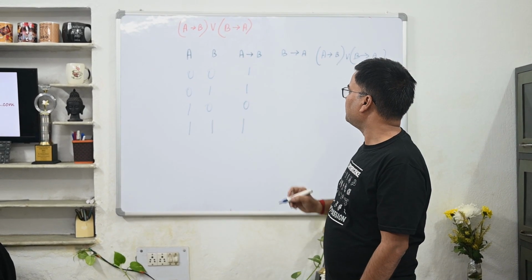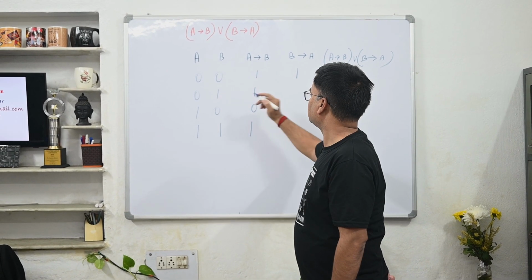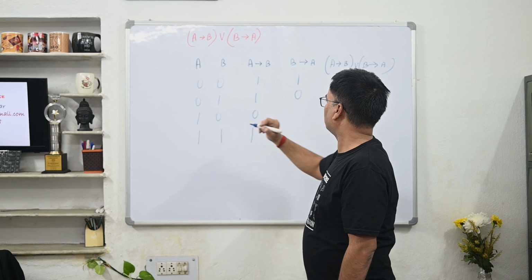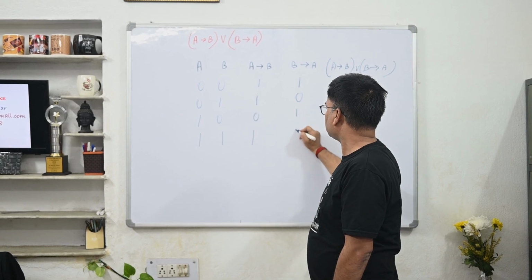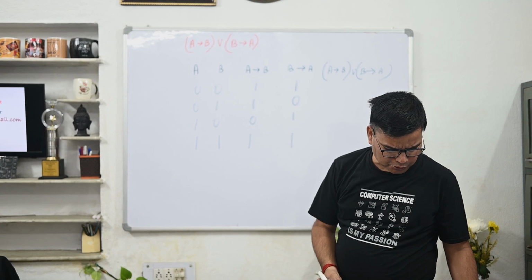For B implies A, 0,0 is 1, 1,0 will be 0, 0,1 is 1, 1,1 is 1. Now we get these two values, A implies B and B implies A.